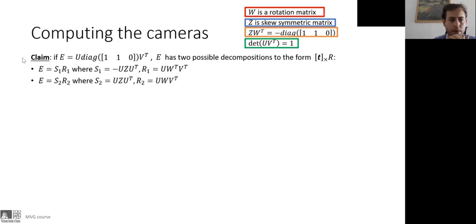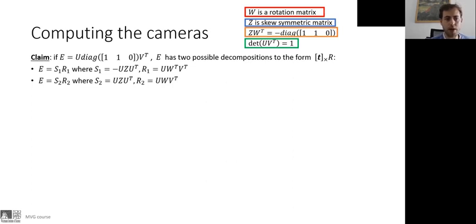You can see here the two possibilities. One of them uses S1 multiplied by R1, where S1 is a skew symmetric matrix, R1 is a rotation matrix, and these are the forms of S1 and R1. And the second option is using S2 and R2, where S2 is defined as follows and R2 is defined as follows. Okay, so that's our claim, and we will try to show it for S1 and R1.